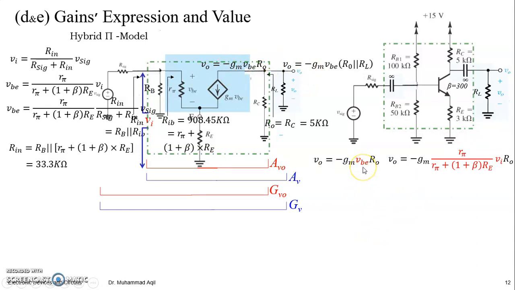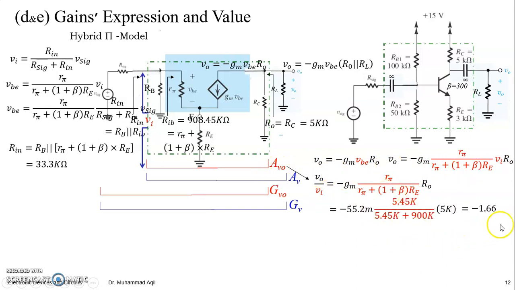By putting the value of VBE in relation with VI, because you have to find the relation from here to here, we are finding the relation for AV naught. So when we bring VI down, we got this one. This is nothing but AV naught. So this is your AV naught. When we put all the values, we have found this one.